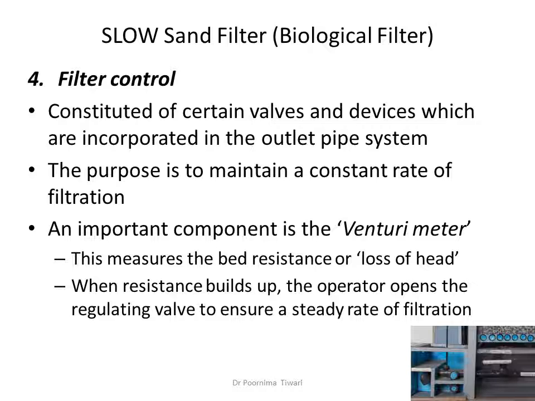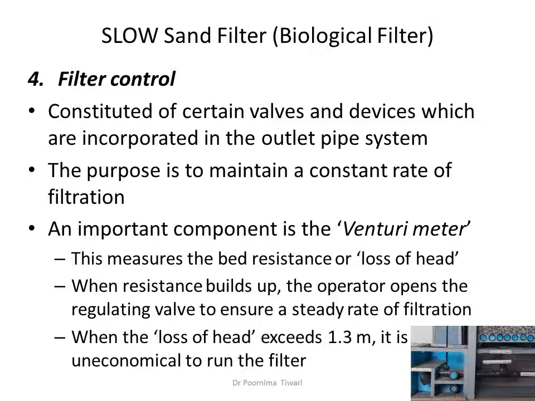And when resistance builds up, the operator opens the regulating valve so as to ensure a steady rate of filtration. When the loss of head exceeds 1.3 meters, it is uneconomical to run the filter because too little water is being filtered.